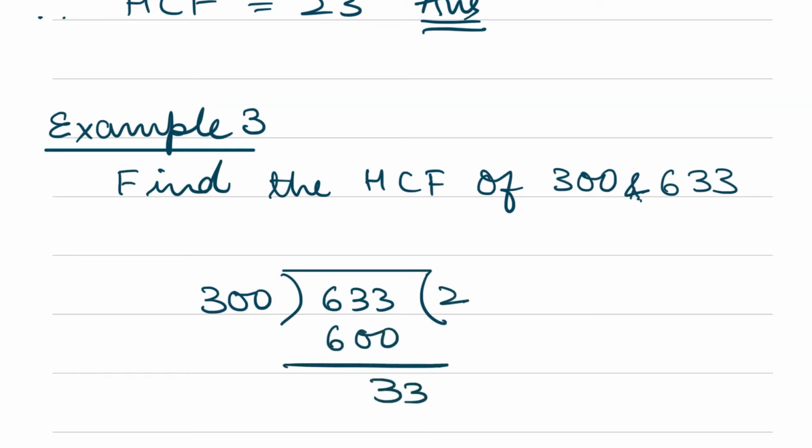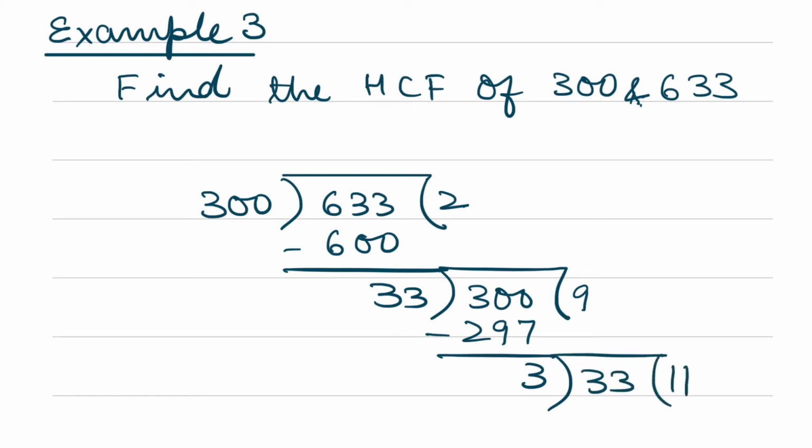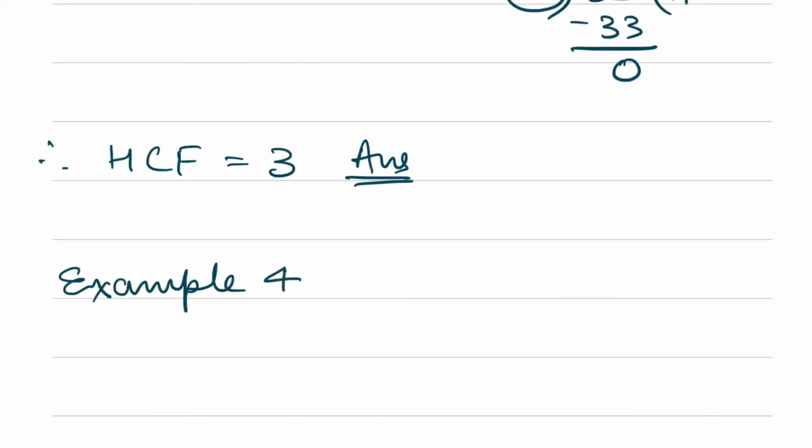We get 33, and now the previous divisor becomes the dividend, and we have 9 times, so 297, subtracting, we get 3 here, and the previous divisor becomes the dividend, so 33, and 11 times we have, so we get 0. So therefore HCF, the last divisor, is equal to 3. That's the answer.